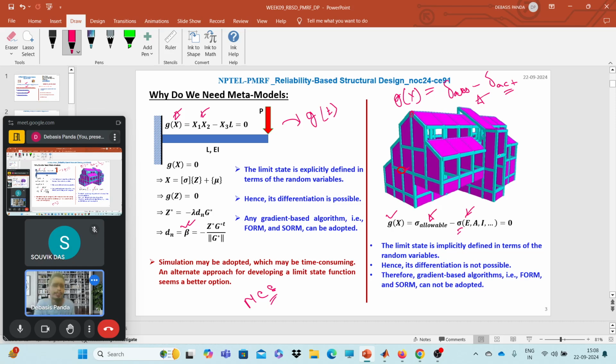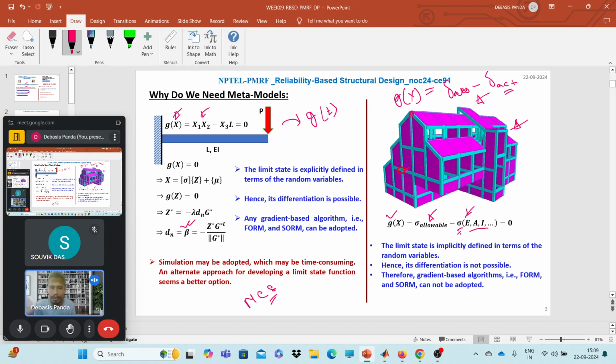We need to generate samples of E, A, I, whatever random variables we have. Then we need to analyze the whole structure using the finite element software with which you have modeled it. Now get the values: for one sample of E, we will get sigma, and you will get one g(x).